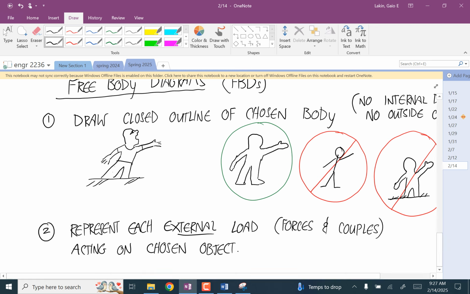So when his heart beats, his heart applies a large force to a bunch of blood, but that blood applies an equal and opposite force to the heart. And that happens at every single pair of forces happening inside that chosen body.